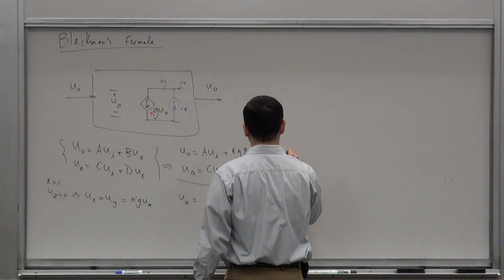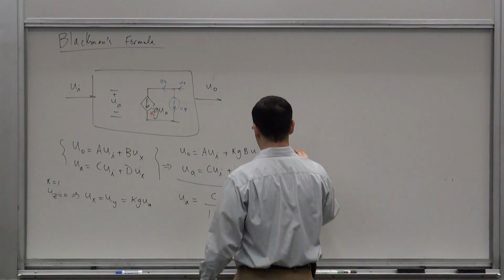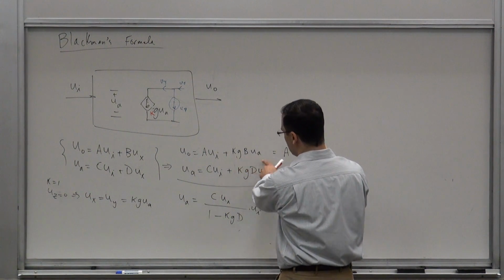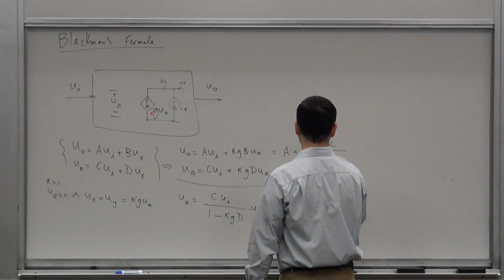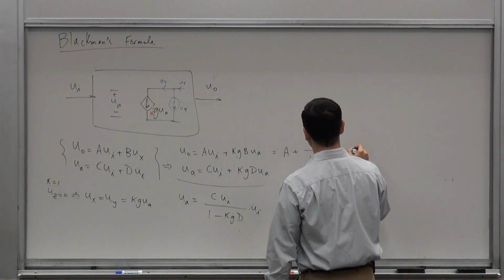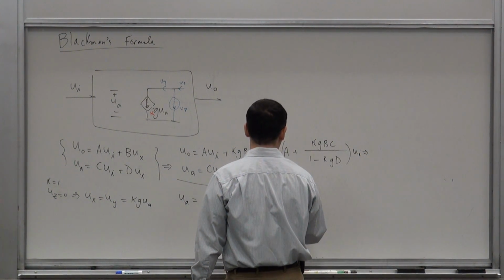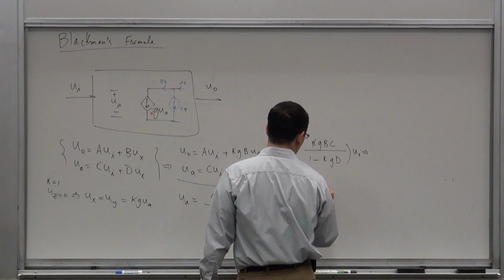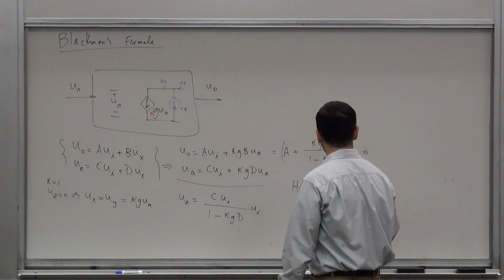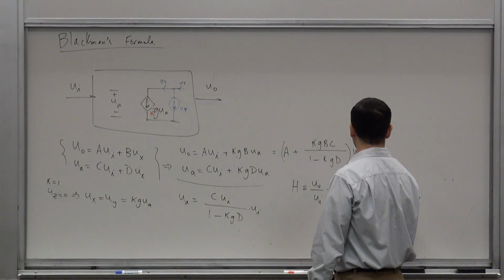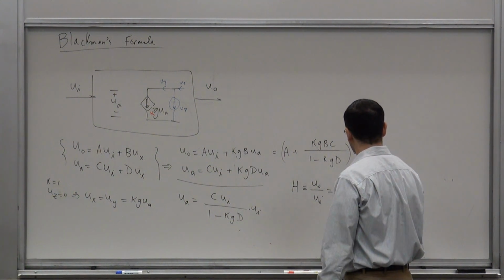So what I get is UO equals A plus KGBC divided by 1 minus KGD, all of them times UI. Therefore, the transfer function, which is by definition UO over UI, is A plus KGBC over 1 minus KGD.